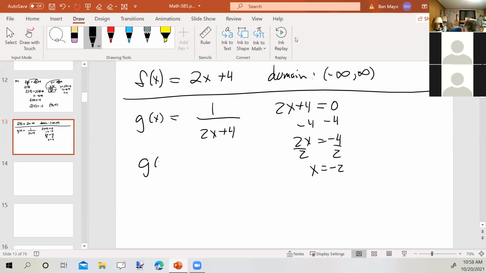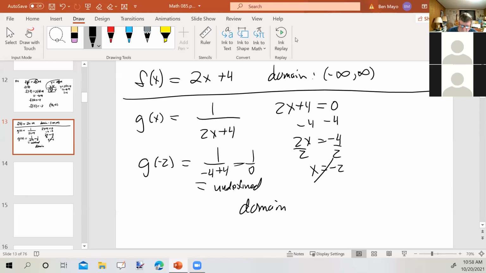So in other words, g of -2 would be undefined. Therefore, -2 is not in the domain. So that's the bad guy. So the domain would be all real numbers except x cannot equal -2, or so all real numbers except -2.